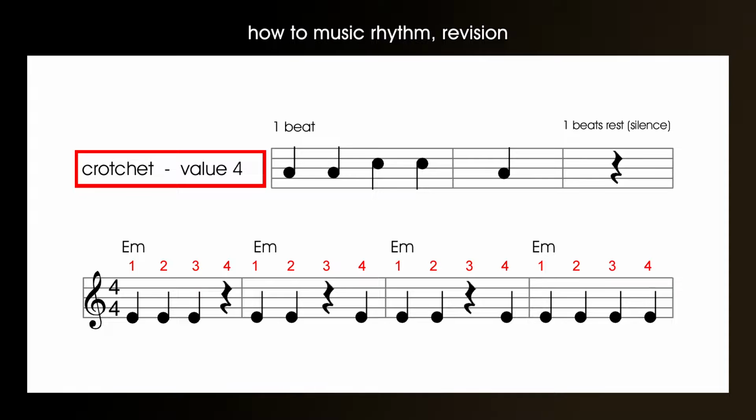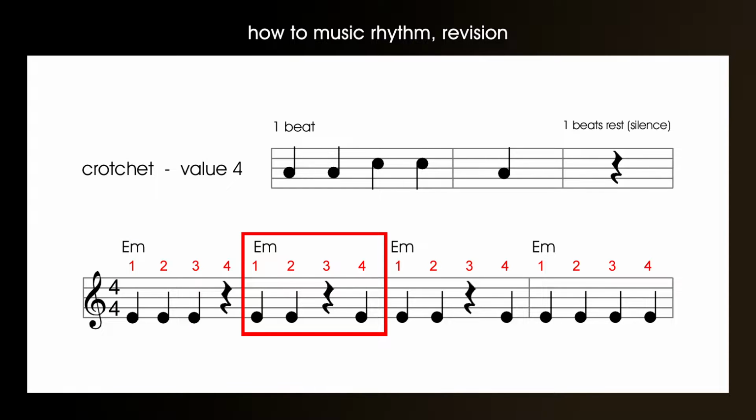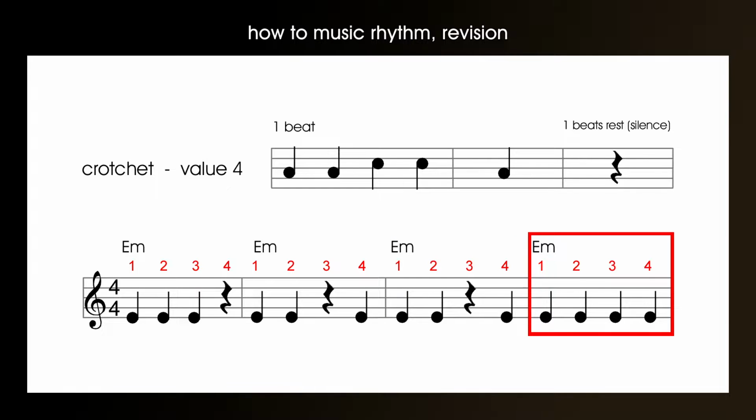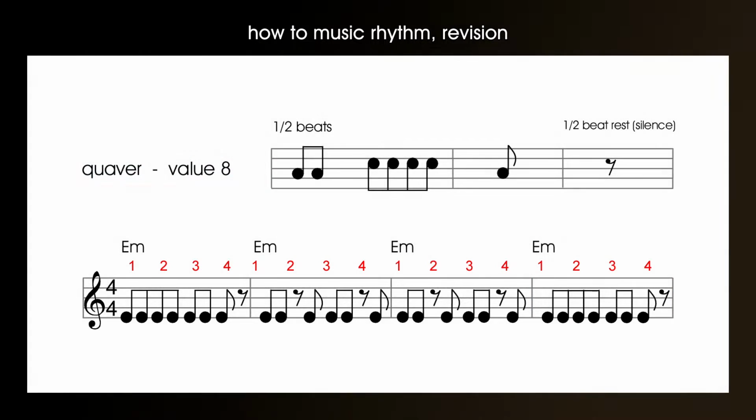The third one was the crotchet, which lasts for 1 beat, and again the rest lasts for 1 beat, and its value was 4. Next we looked at the quaver, which lasts for half a beat. And again the rest lasts for half a beat, and its value was 8.